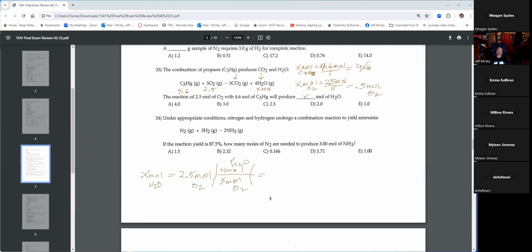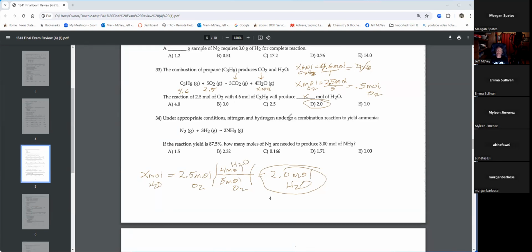So 2.5 times 4 divided by 5 says I can make 2 moles of water. That should be my answer. So the answer should be D if the universe is still working.